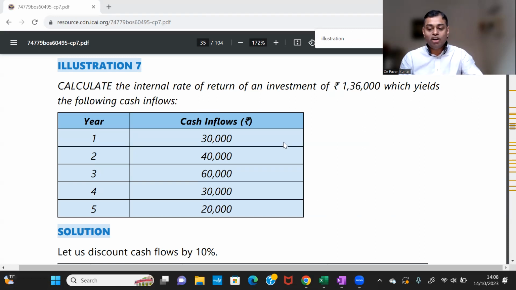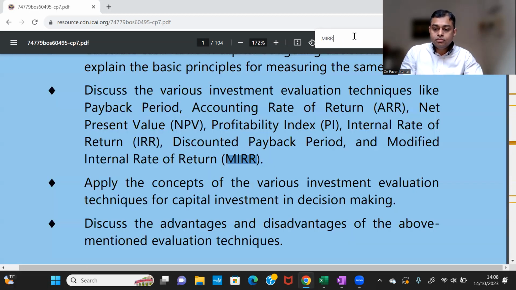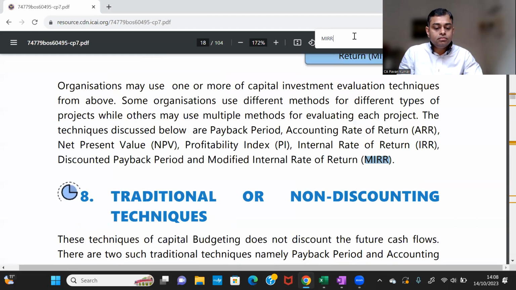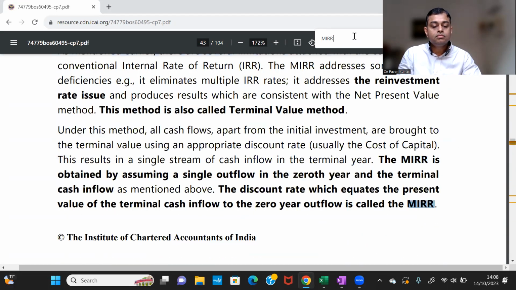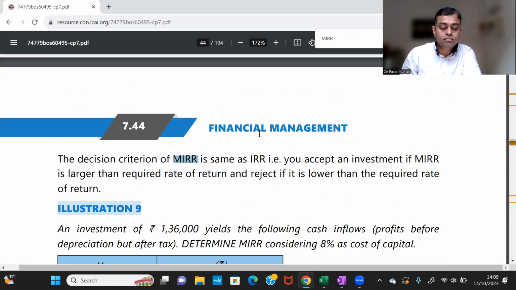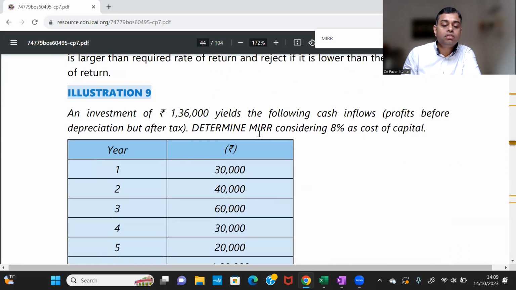Or I'll show you with 9.57 also. Let me take 9.57. Or let me take MIRR. See this question.